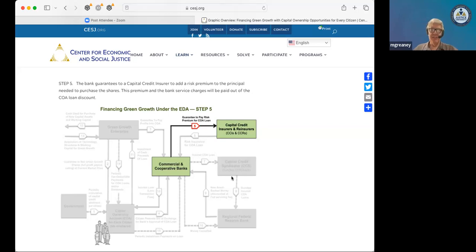Now, the difference between a mortgage and a bill of exchange is that a mortgage pays interest. A bill of exchange is discounted. In other words, you have the bill of exchange, say it's for $100,000. The bank or the financial institution creates $98,000 if it's discounted at 2%.